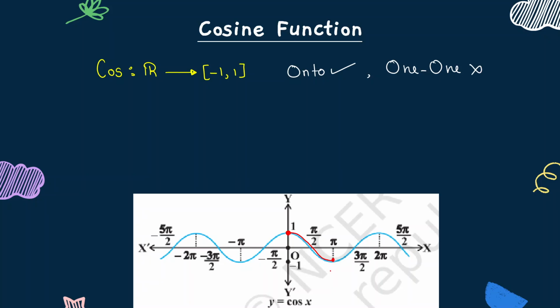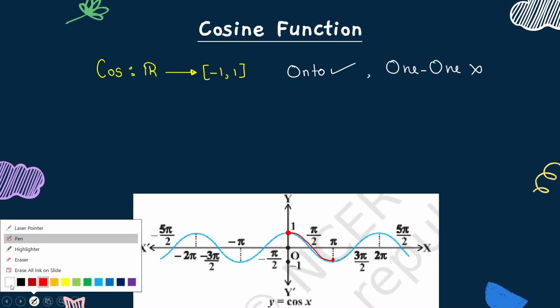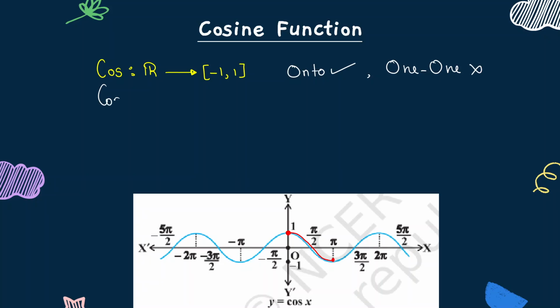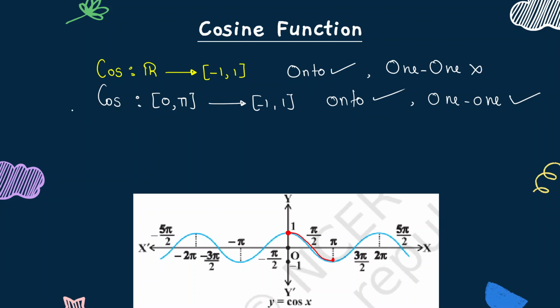After that, it will start repeating its values. So we consider the cos function from 0 to pi going to minus 1 to 1. Now this function is onto since it covers minus 1 to 1, and it is 1-1 as well. Since it is both 1-1 and onto, the inverse is now possible.